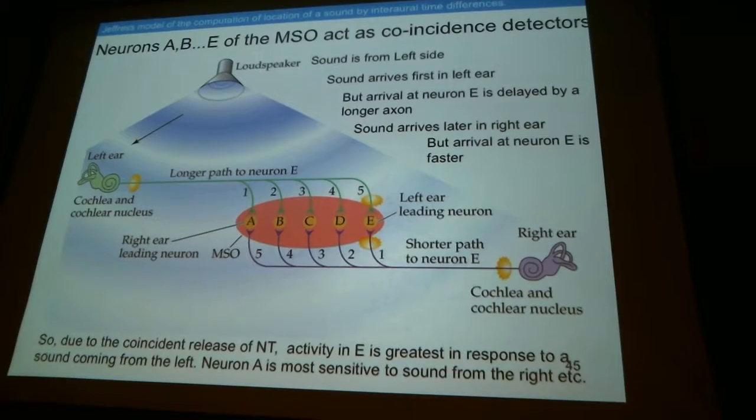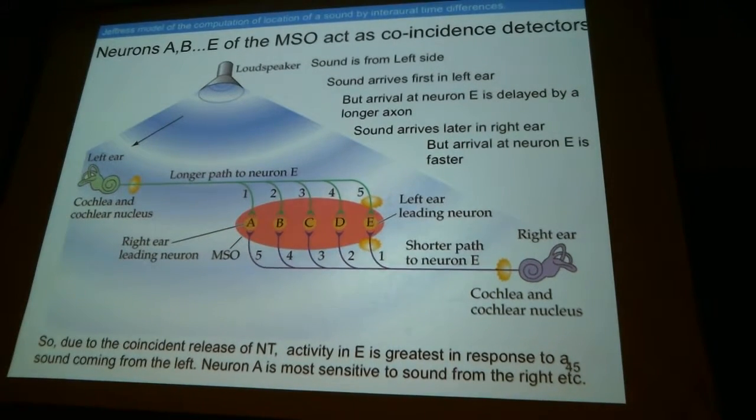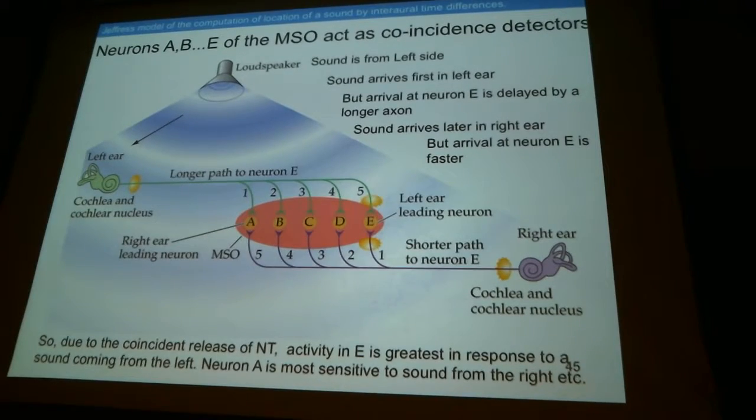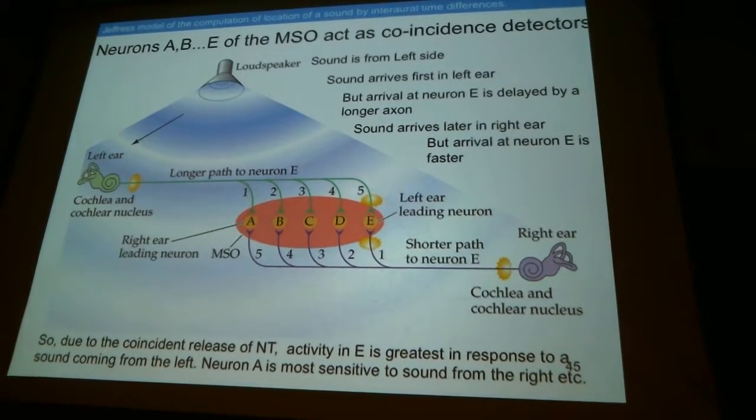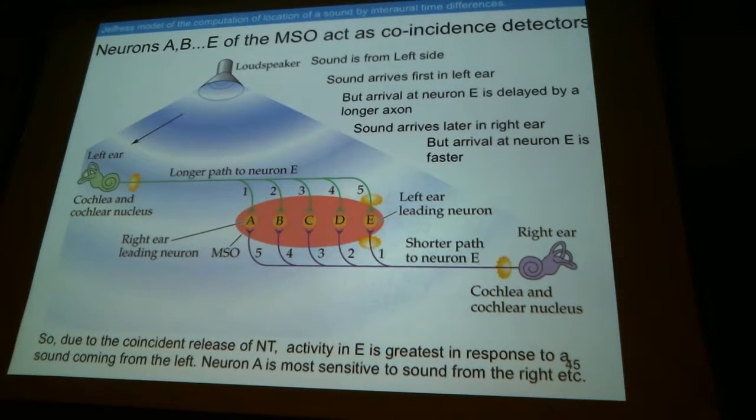So each of these neurons is going to be sensitive to a particular position in space. Okay? And so it's the combination of having coincidence detectors and having these delay lines that are compensating for the delay in the arrival at the ear. Does that make sense to everybody? So it's basically a map of space in the MSO.